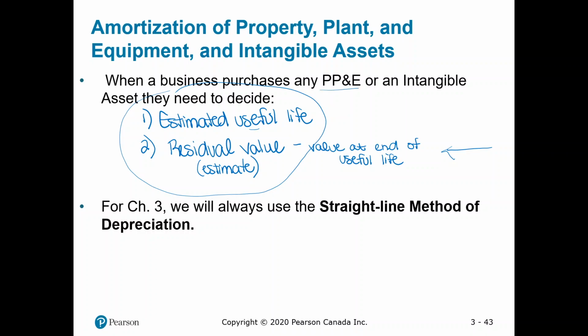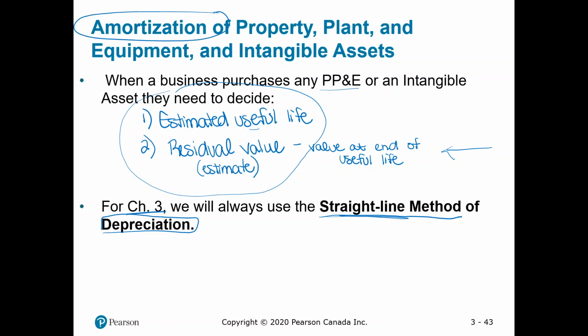And once we know these, we're going to look at the first method of amortizing our assets. And for Chapter 3, the only method we're going to learn is called the straight line method. Once we get to Chapter 10, so right at the end of the course, we go through a bunch of other methods for amortizing or depreciation, but for right now, we're just going to learn the straight line method. And it says here depreciation, that is just another word for amortization.